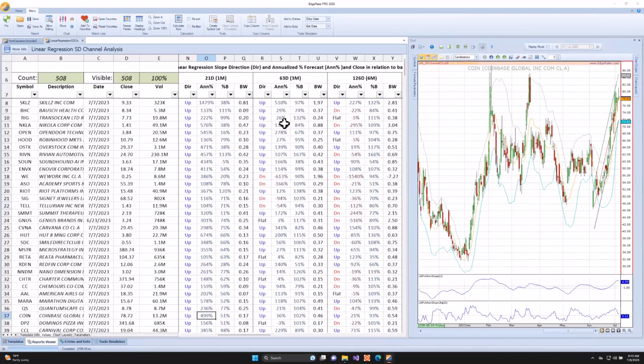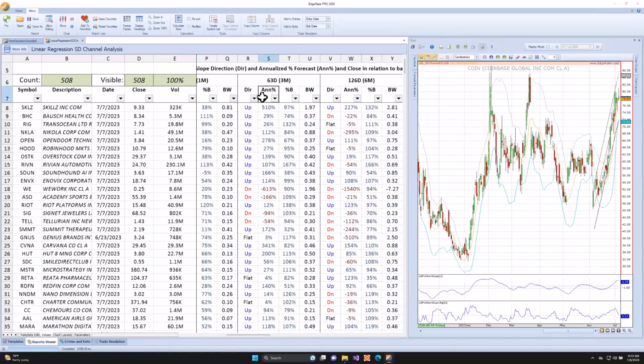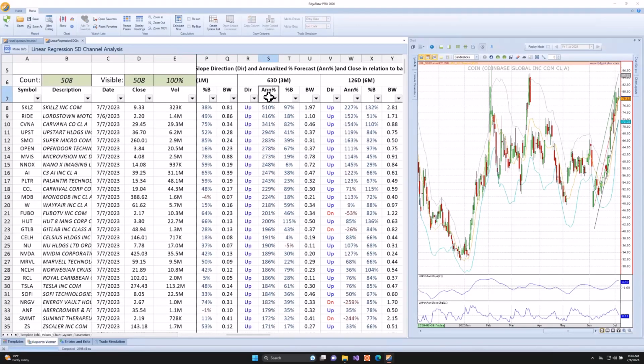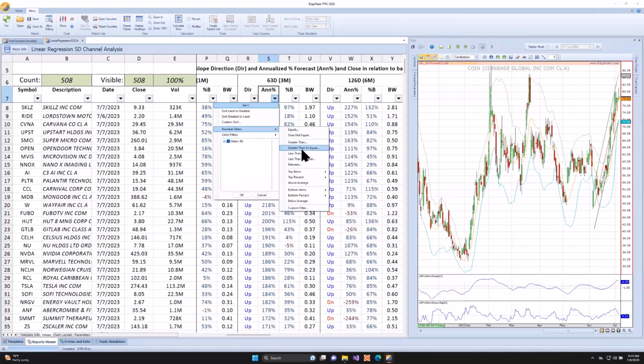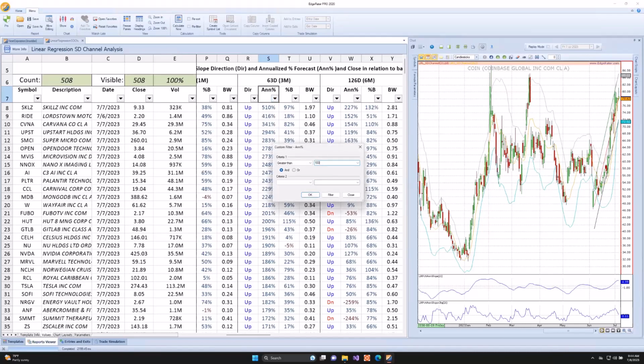And now we can go to the 3 month column, 63 days, and do a similar thing, just looking for a high annualized growth in the linear regression line. I'm again going to restrict it to greater than 100% annualized.